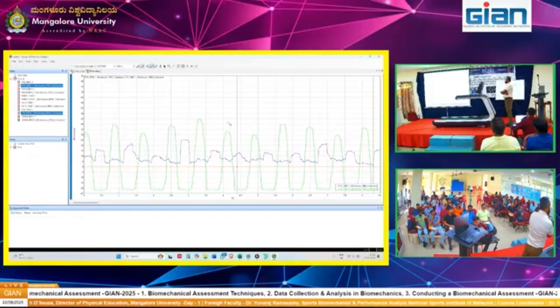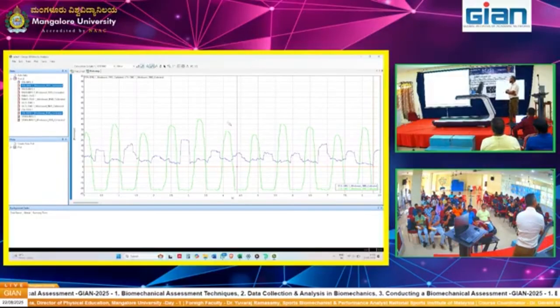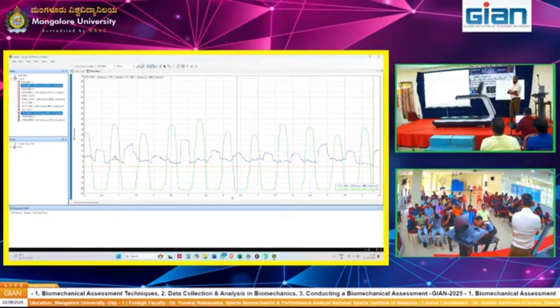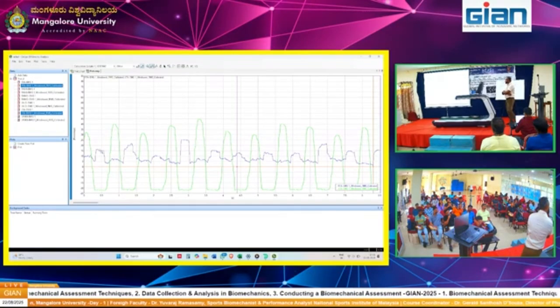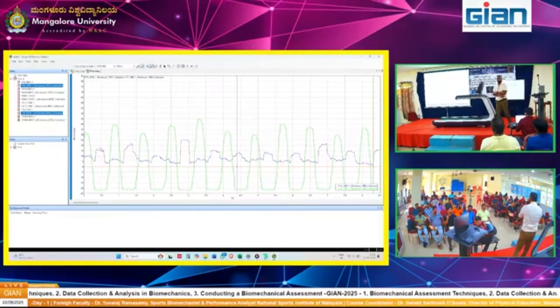And overall, you can see that the left is more activated than the right one. This is the percentage, since it's a calibrated, normalized graph. Do you understand or not?